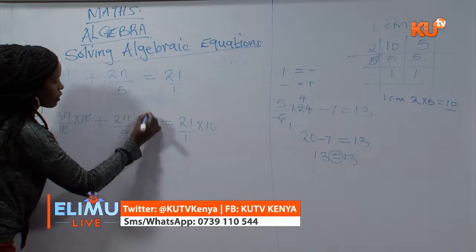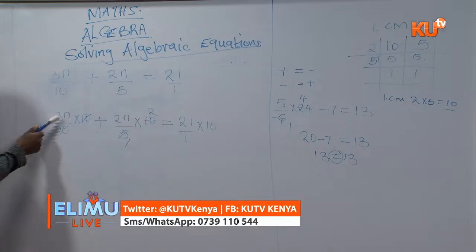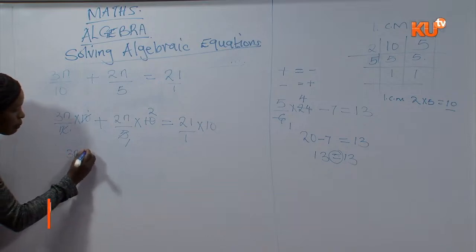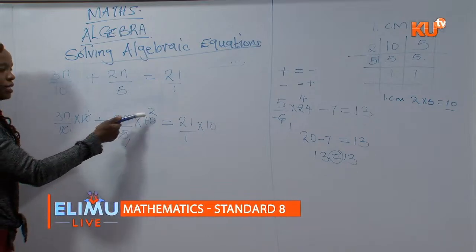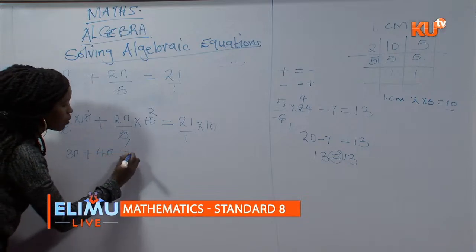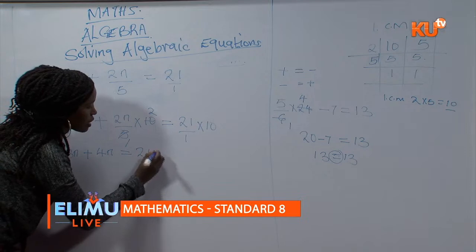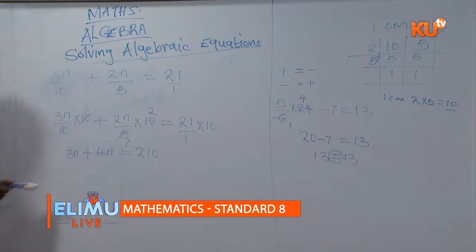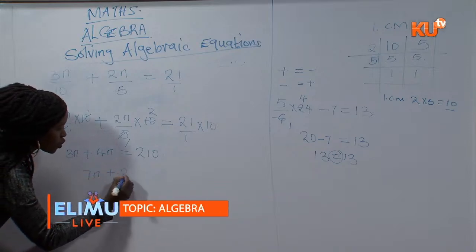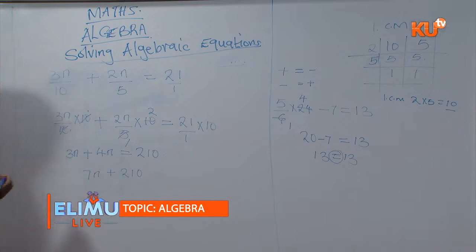By 5, 1, by 5, 2. So 3n times 1, we get 3n, plus 2n times 2, we get 4n, is equal to 210. So we add this 3n plus 4n, we get 7n is equal to 210.